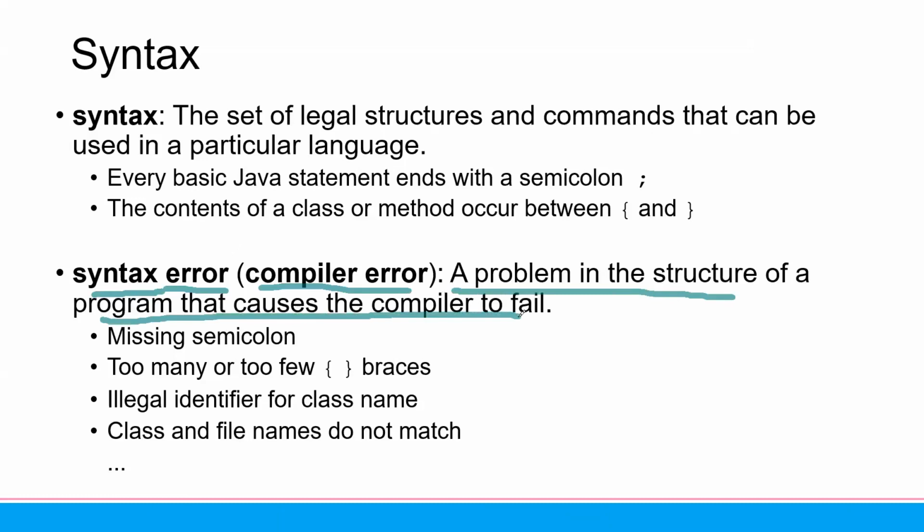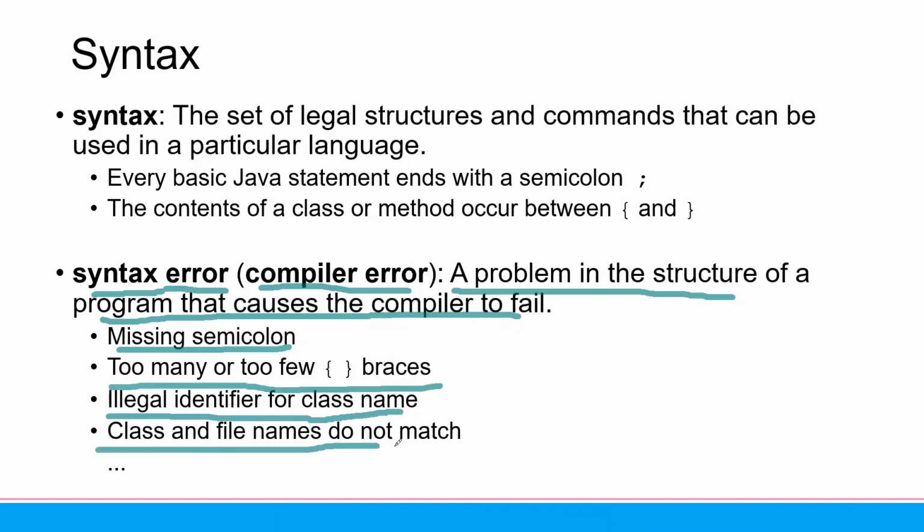So that's what I mentioned in the first lecture. When you submit your Java file, make sure it is compiled. If there is an error like a missing semicolon, then it is an error. Too many or too few curly braces is also an error. An illegal identifier for the class name is also an error.